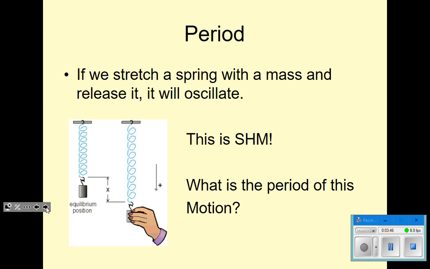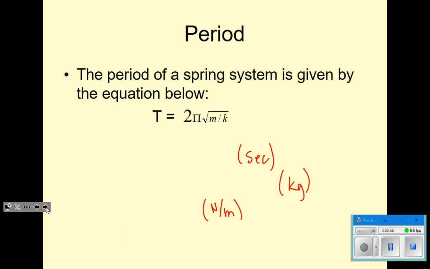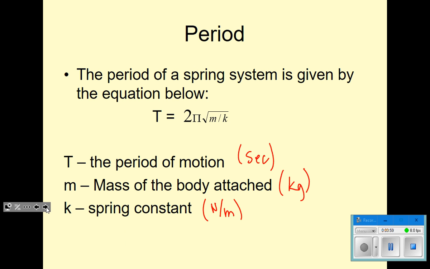Now, if we stretch a spring with a mass and release it, it will oscillate. This is simple harmonic motion. What is the period of this motion? Period for a spring is calculated very similar to the period of a pendulum. The difference is that it's T equals 2 pi square root of M over K instead of L over G. So here, T is still the period.